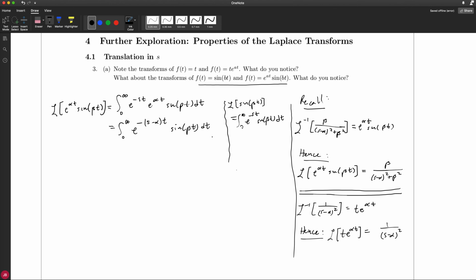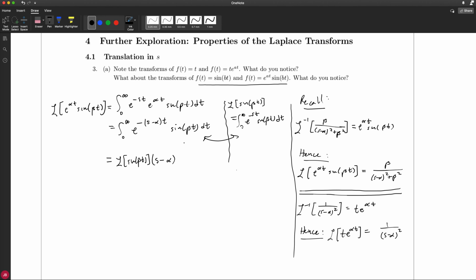So notice these two things look somewhat similar. They're not exactly the same, but in fact, instead of plugging in s, I'm really plugging in s minus alpha. So this expression here is actually the Laplace transform of sine beta t, but it's no longer evaluated at s, it's evaluated at s minus alpha.